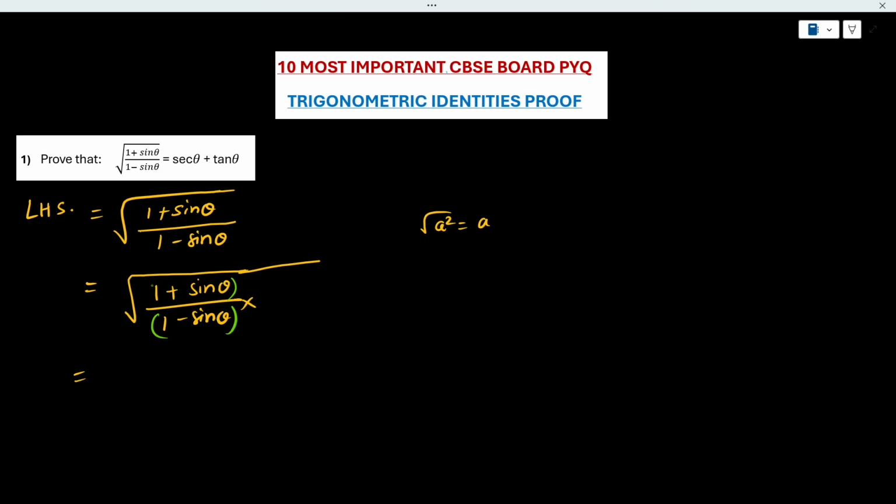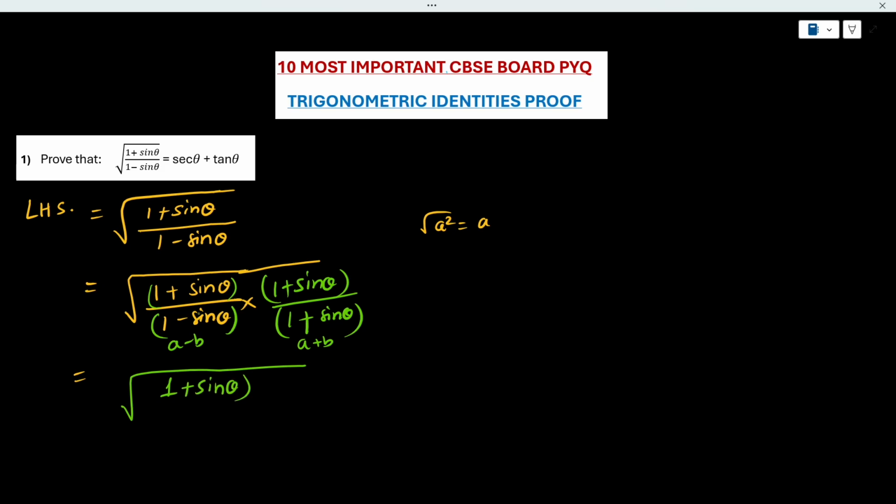First, put the bracket, because there are two terms, so it will be 1 minus sine theta in the denominator, and you are multiplying by 1 plus sine theta. If you are multiplying in the denominator, you have to multiply in the numerator also. Now do not expand the numerator, because I need a perfect square.